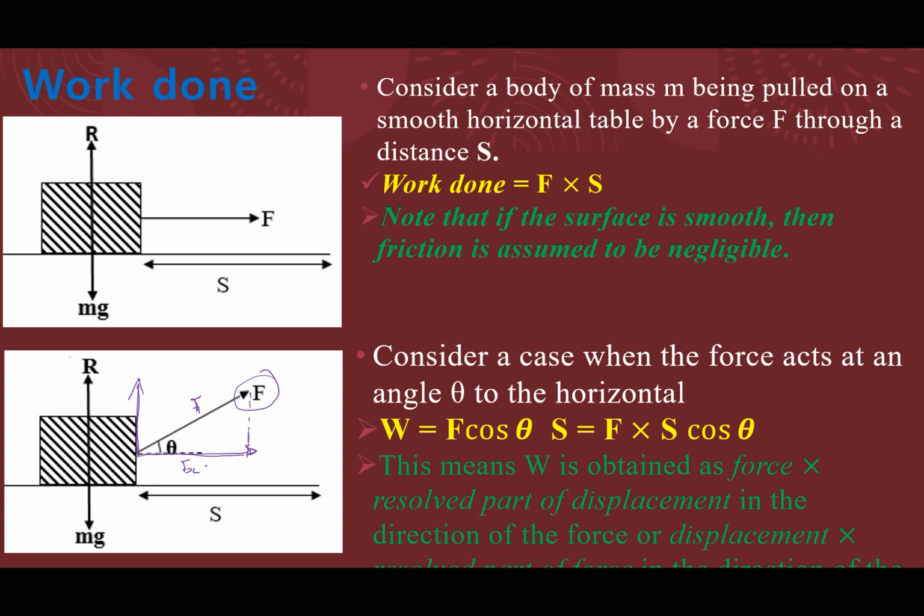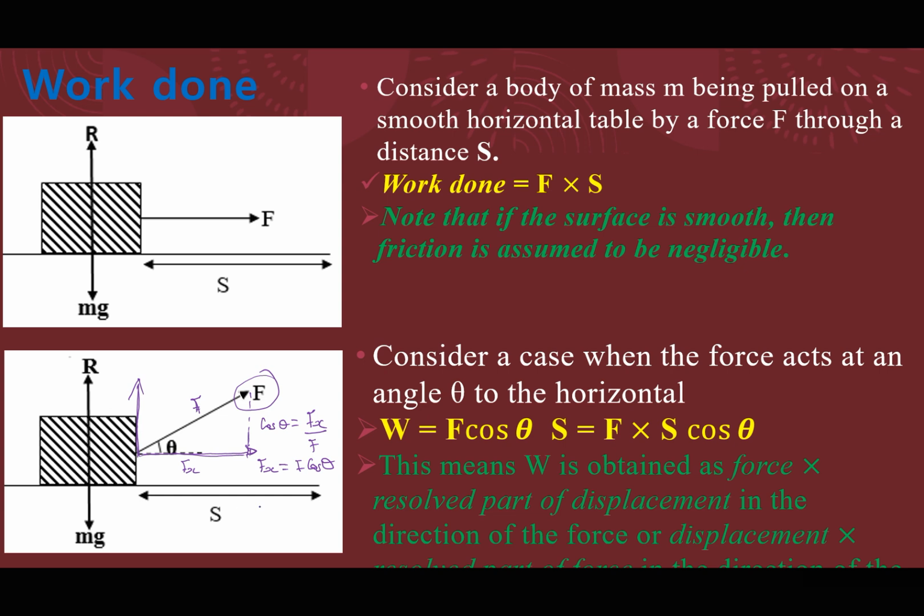So adjacent over hypotenuse is cos. Cos theta is Fx over F, which means the part of F which acts in the horizontal is F cos theta. Because the displacement is in the horizontal, we need F in the horizontal. That is the one which is going to do work in the direction of the displacement.